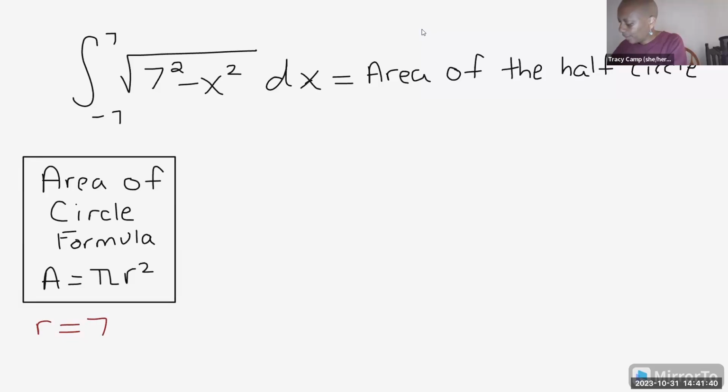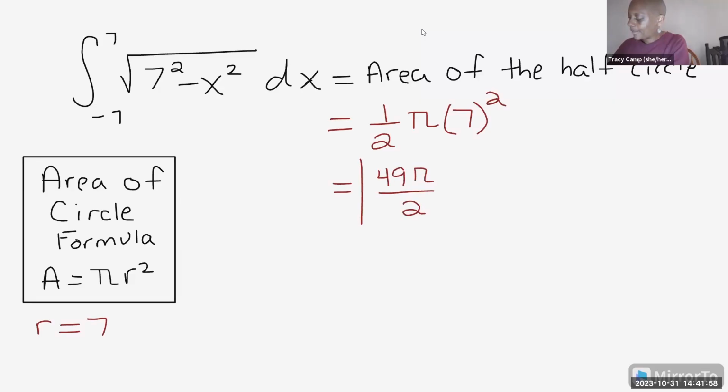And so for us, we will have half of pi times our r squared, 1/2 pi times 7 squared, or in other words, 49 pi over 2. This is our answer. That's it.